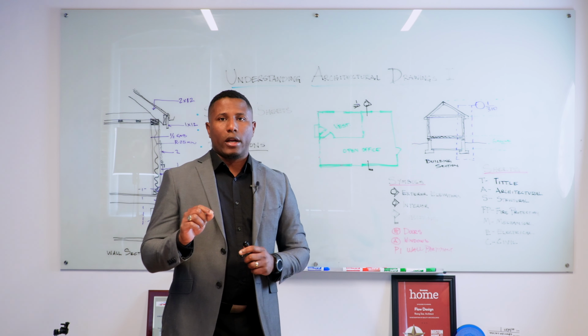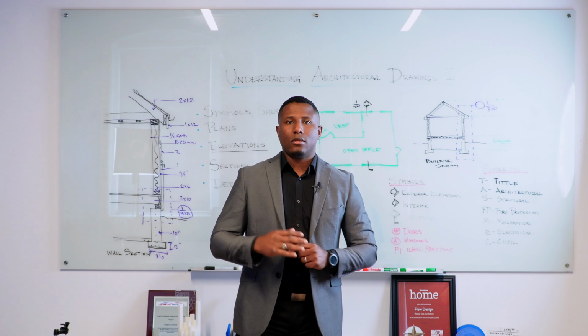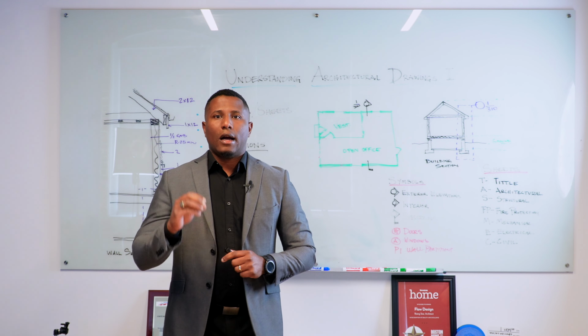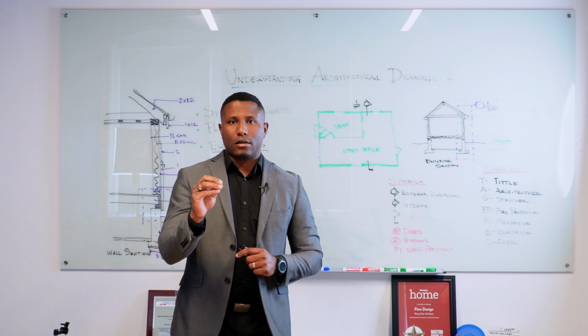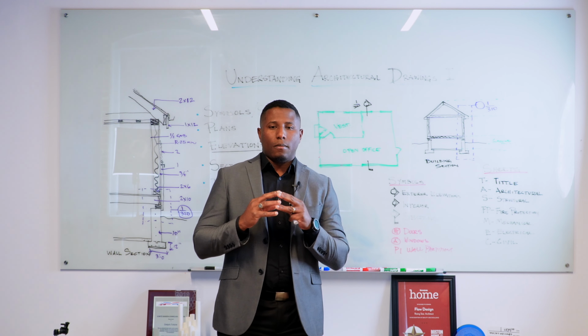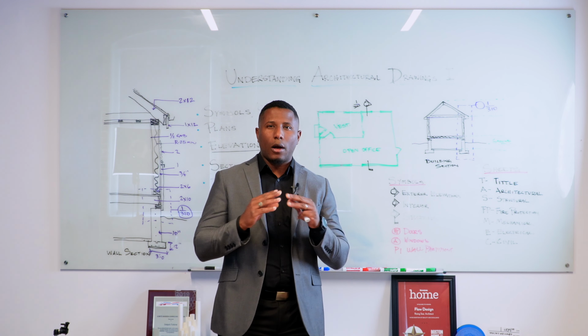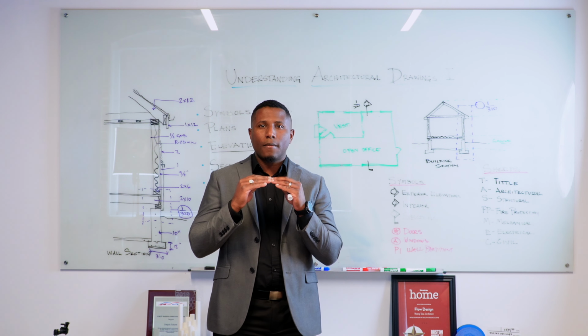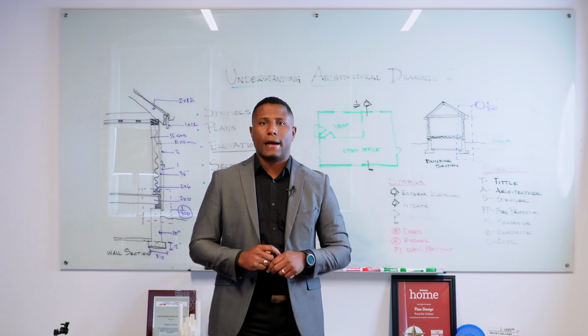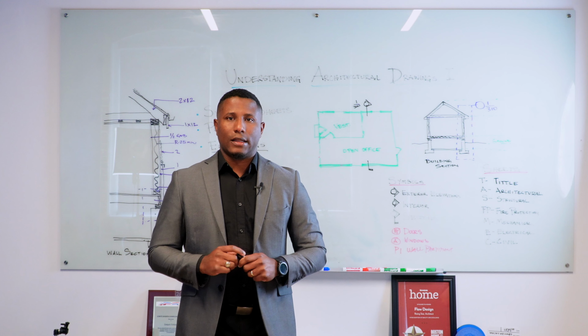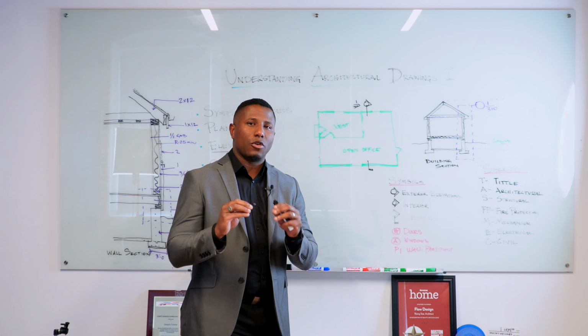So, very important. Architectural projects are made in the details. If you really focus on how these materials are put together, it's going to make a huge impact when you are building this project. So it's very, very important that you understand that.